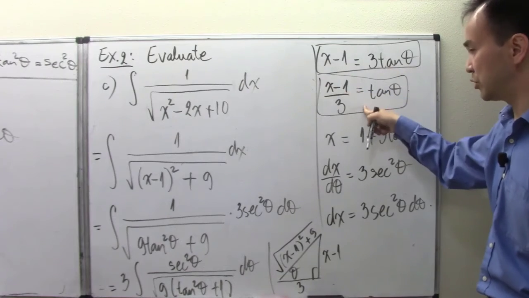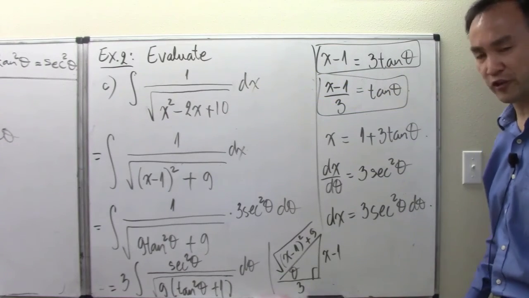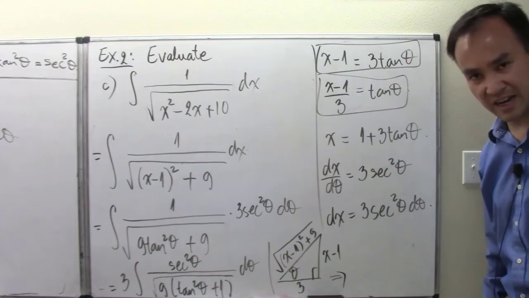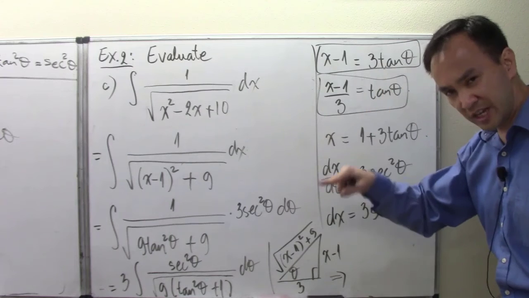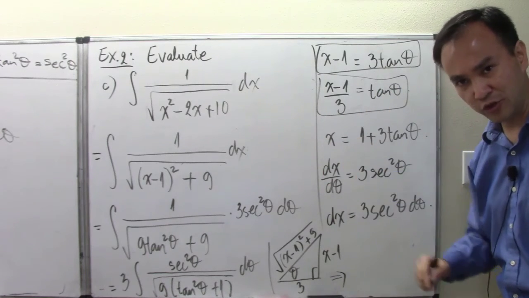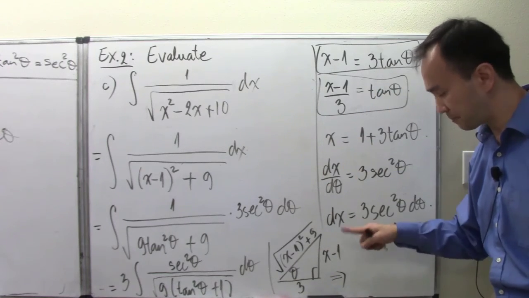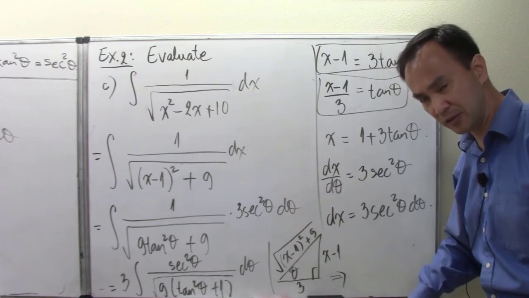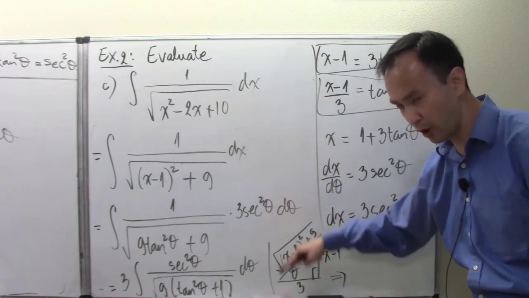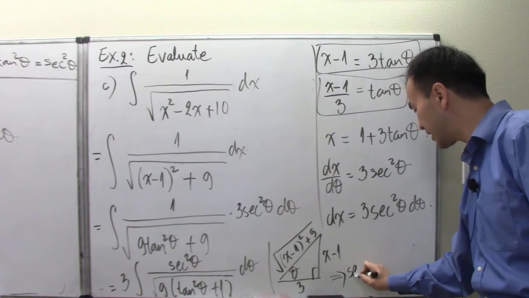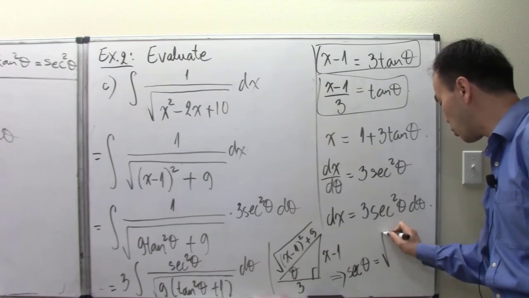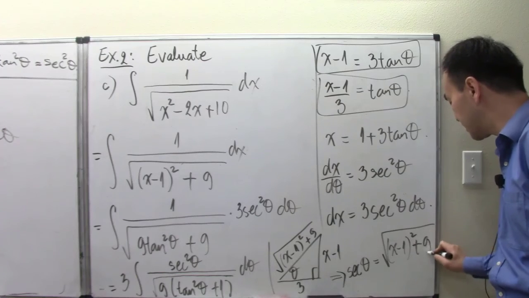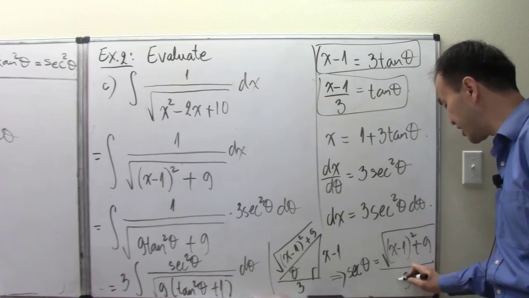So we can use this to substitute into the tangent expression on my other board. But then further, very similar to the argument I made back in part B, secant is defined as the reciprocal of cosine. But cosine on its own is adjacent over hypotenuse. So secant means we're looking at hypotenuse over adjacent. So secant of theta here has to equal the square root of (x minus 1) squared plus 9, that's hypotenuse, over adjacent, 3.